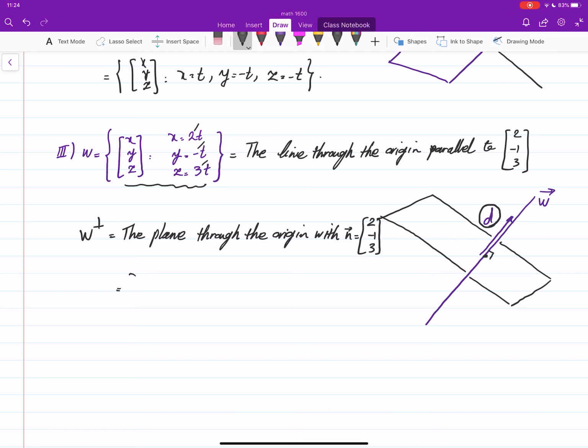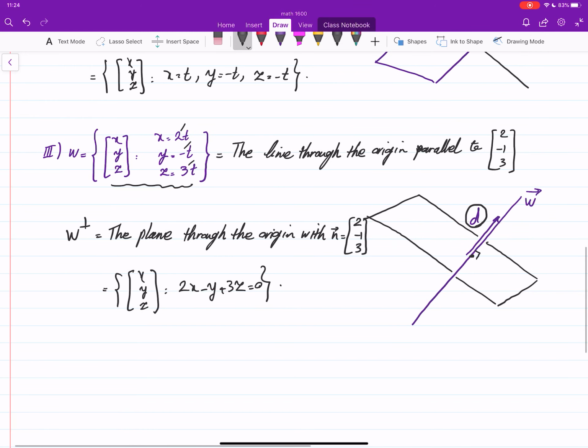We can write it as all (x, y, z) such that, in the general form of such a plane, 2x minus y plus 3z equals 0.